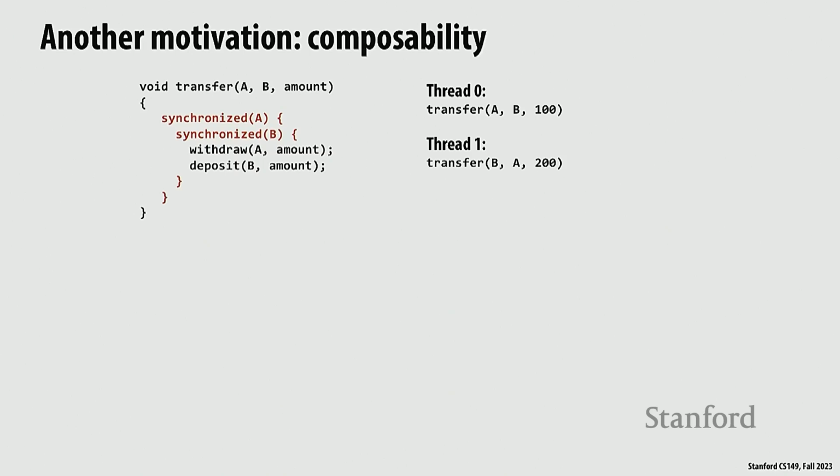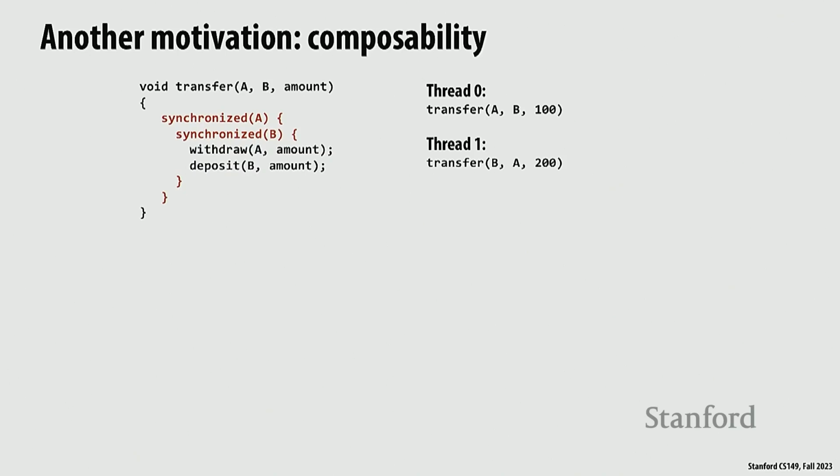Look at this example, right? So we want to do a transfer from account A to account B. And so, what we're going to do is we're going to use a nested synchronized in which we essentially take a lock on account A followed by a lock on account B, right? So this is fine.